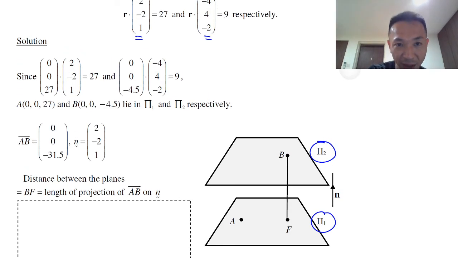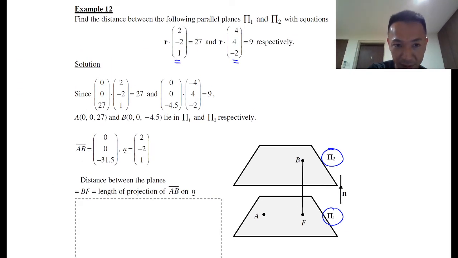So I first find a point A, which lies on pi 1. A is (0, 0, 27), because look here, (0, 0, 27) satisfies the equation of pi 1.